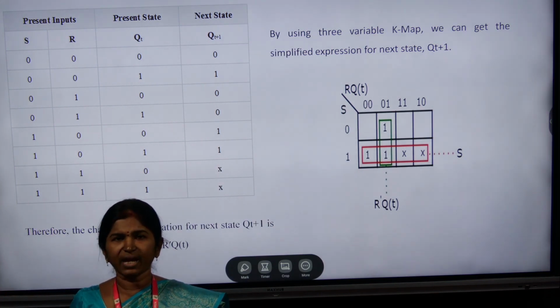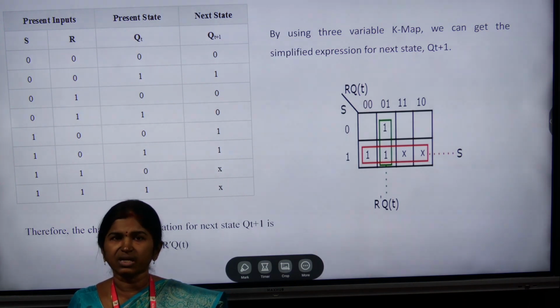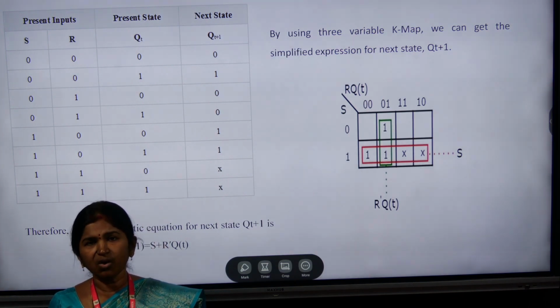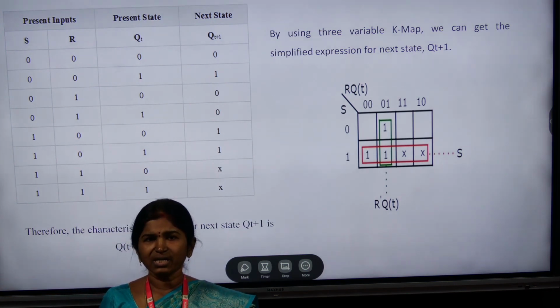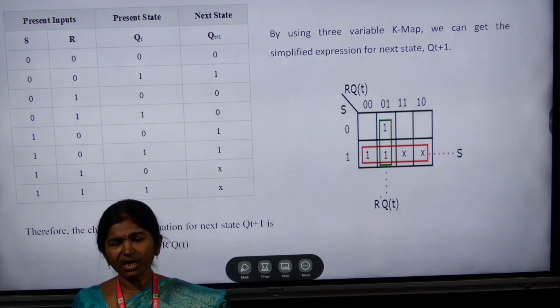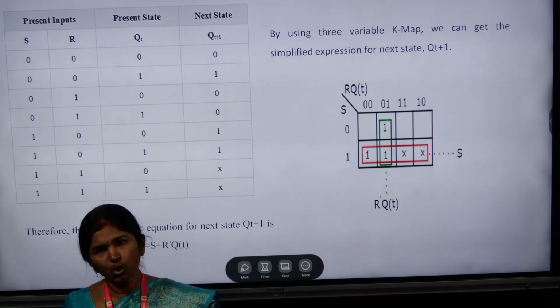Before going to the characteristic table in detail, I have told that the characteristic table is derived from the truth table. So first I will just recall the truth table of the SR flip-flop. In the SR flip-flop we write S, R and Q. When I give the SR inputs as 0, 0, I get the output as no change.